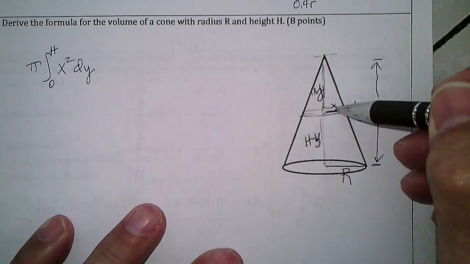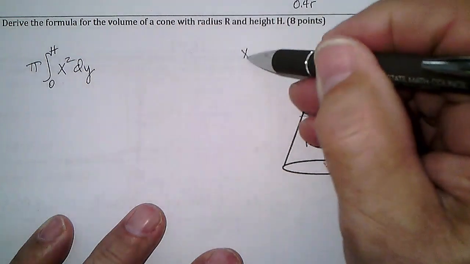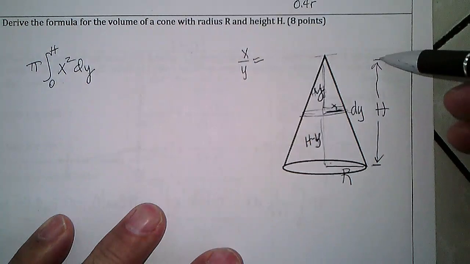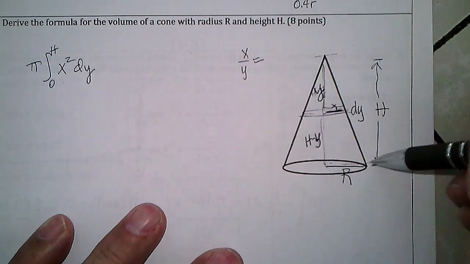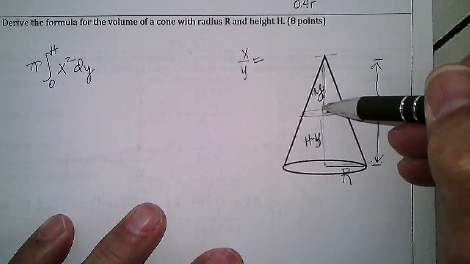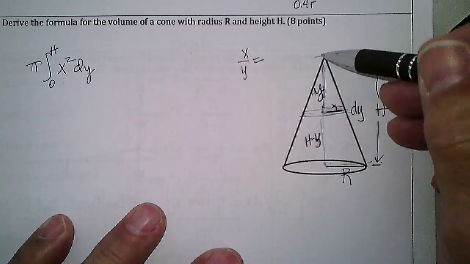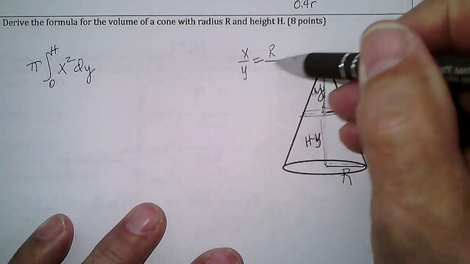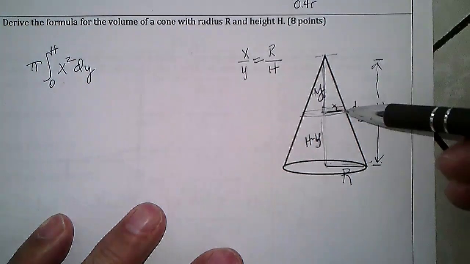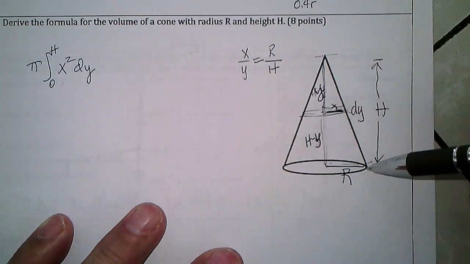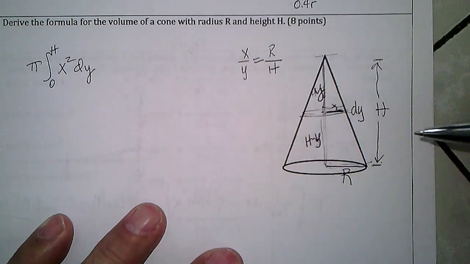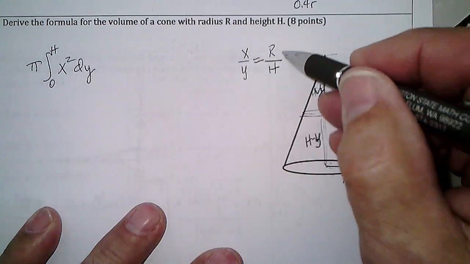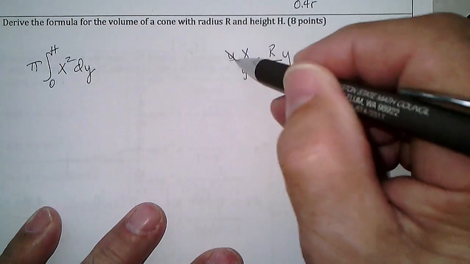So I could say x is to y the same as r is to h. X to y is the same as r to h. X short to long, that ratio. So I need to replace x, so I can multiply by y on both sides.